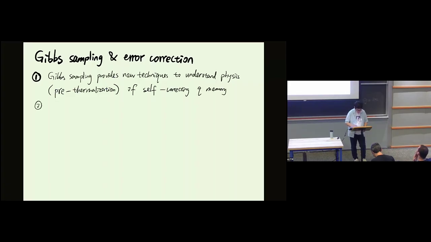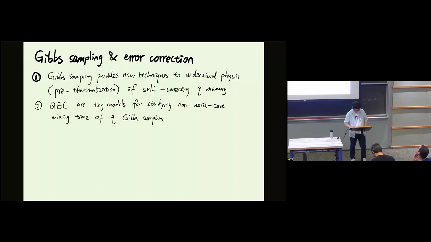And conversely, quantum error correcting codes are also very nice toy models for studying the non-worst case mixing time of quantum Gibbs sampling. So we will see later what we mean by non-worst case mixing time and why it's super interesting.